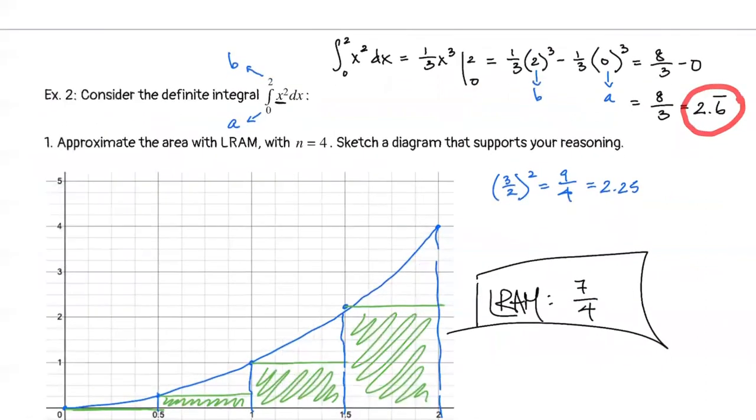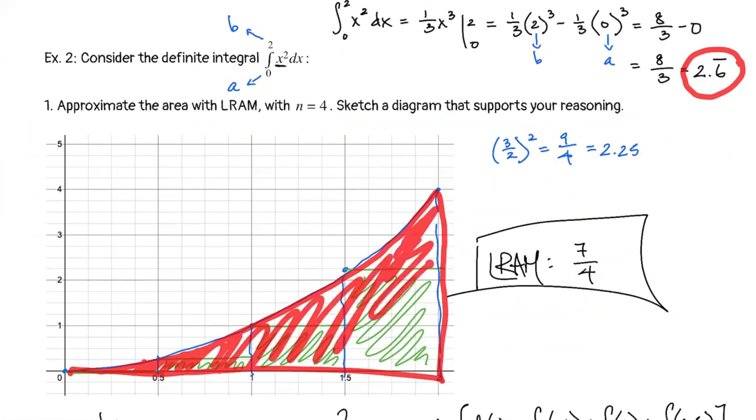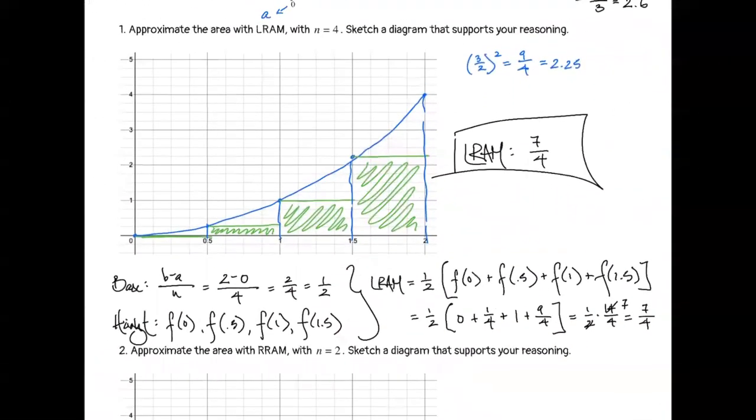This 2.6 repeating is what you'd get if you found the area underneath this curve, between the curve and the x-axis, and you did a bazillion rectangles, so it was exact. The area would be 2.6 repeating. Yep, it's all about area.